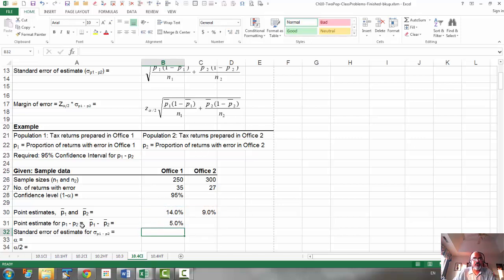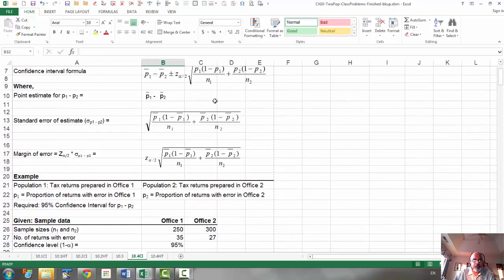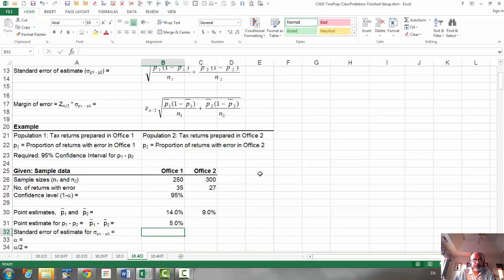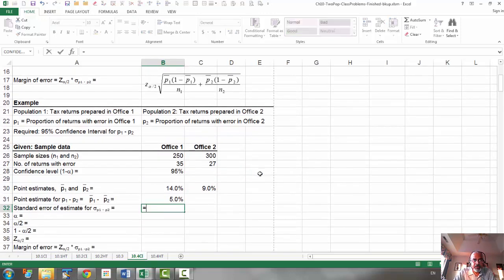The standard error of estimate, okay, so that's that part. So it'll be the square root of, so now P sub 1, you have to use brackets properly. P sub 1 times 1 minus P sub 1 divided by n sub 1. So that's the first part.